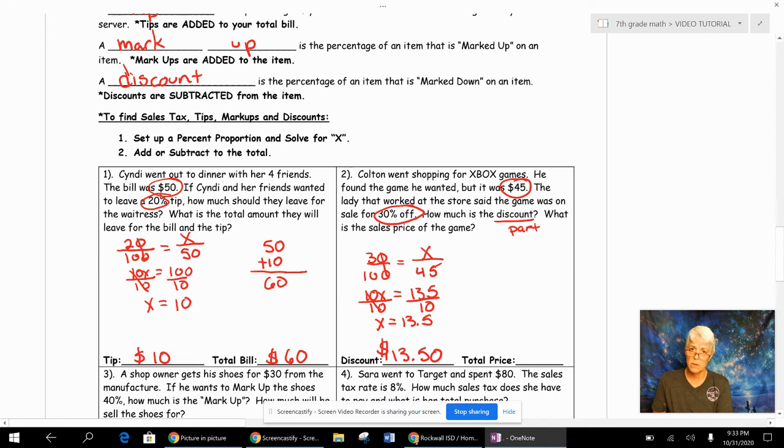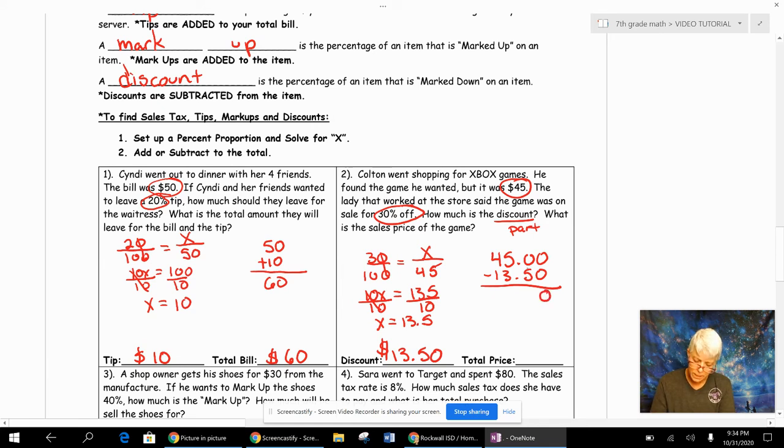That's my discount. But it is not what I'm going to pay at the register. The original cost was $45. And as we mentioned in the notes above, a discount will be subtracted. So we need to subtract it. So it's important that you know when to add and when to subtract.